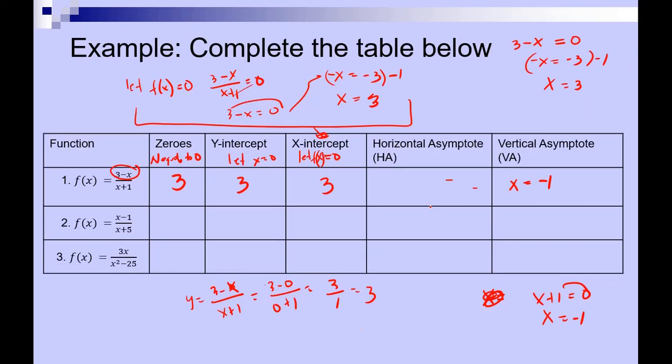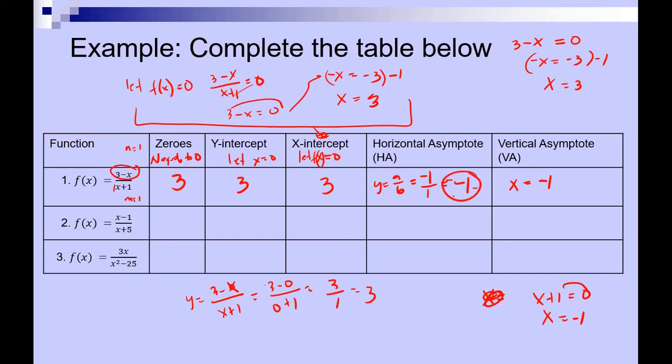Okay, diri, horizontal asymptote diri. So, n natin diri is 1, ang m natin is 1 pod. So, same raman siya. So, we use y is equal to a over b, leading coefficient niya is negative 1. And then sa ubos is positive 1. Then negative 1 divided by 1, that is negative 1.